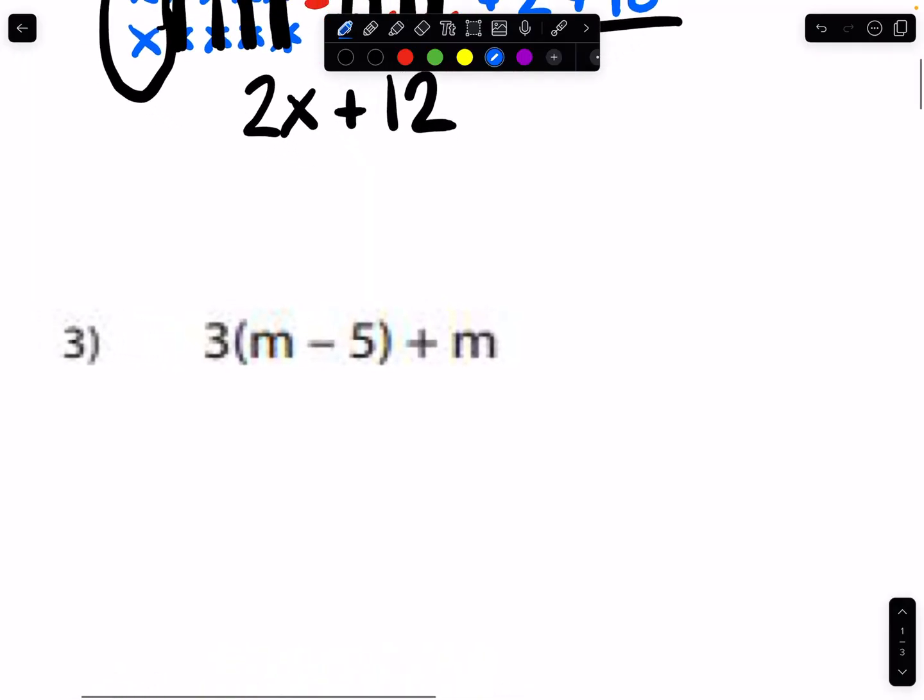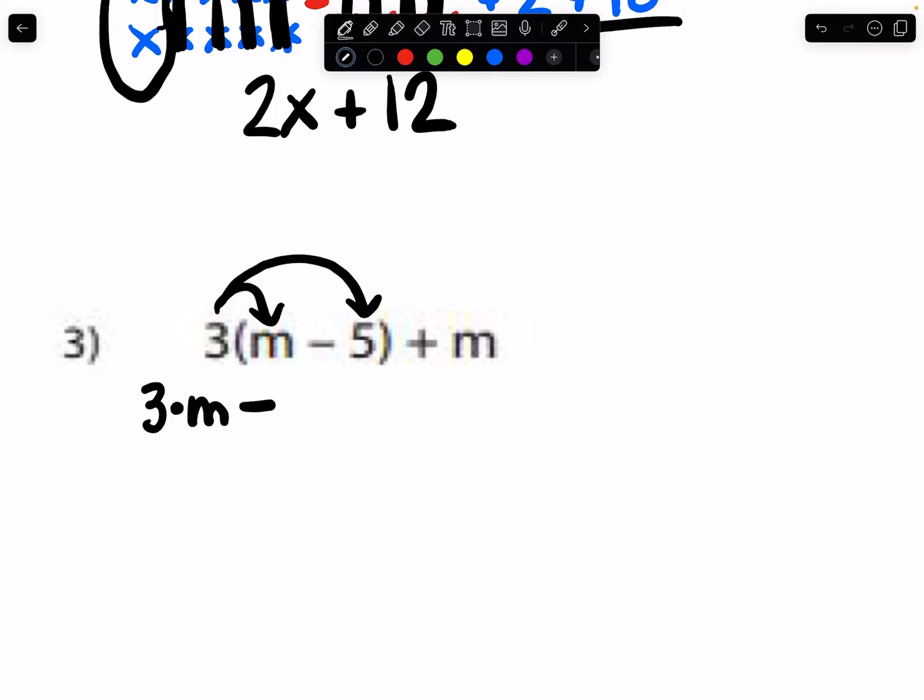So that has another distributive problem. Going to go back to my regular pencil color. Distribute this to this. That means 3 times m minus 3 times 5 plus m. So yes, I have distributed.